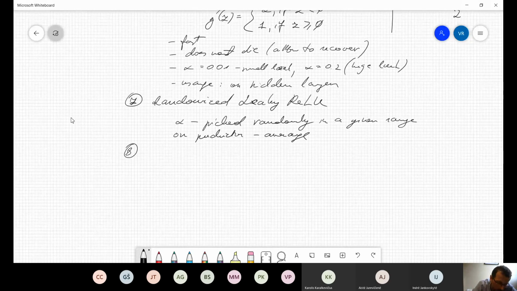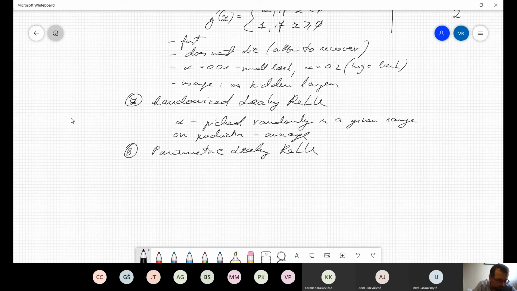Okay, so the other one is the so-called parametric leaky ReLU. Here alpha is being learned during training.